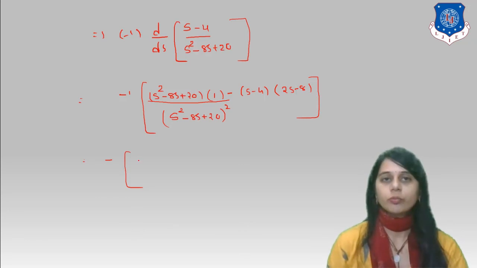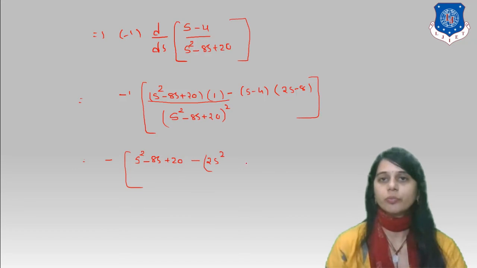Minus, s square minus 8s plus 20 into 1, minus 2s square minus 8s: s into 2s is 2s square, s into minus 8 is minus 8s, minus 4 into 2s is minus 8s, minus 4 into minus 8 is plus 32, upon s square minus 8s plus 20 whole square.